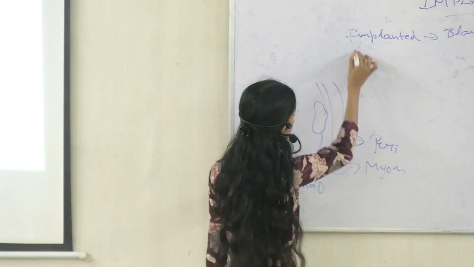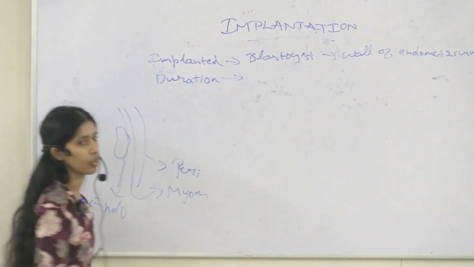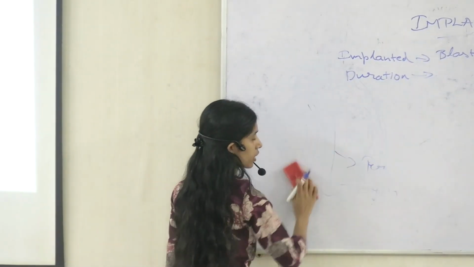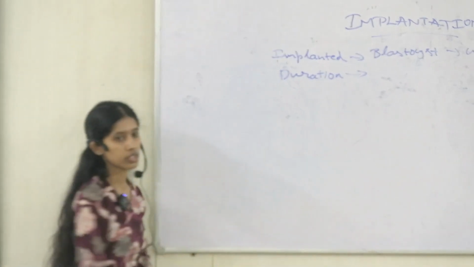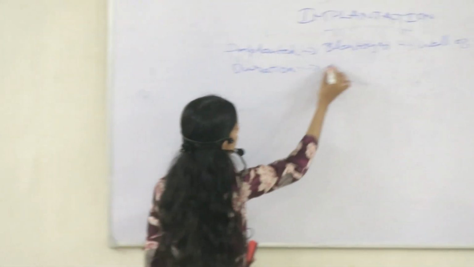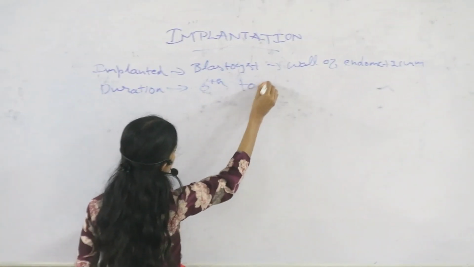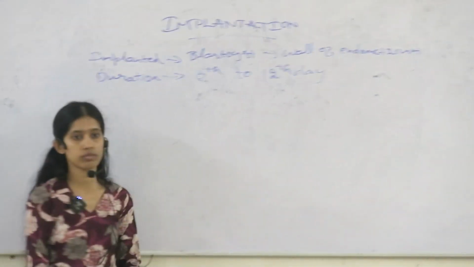So when can we see this event? On which day does implantation happen? The implantation takes place somewhere between the 6th to 12th day after fertilization.